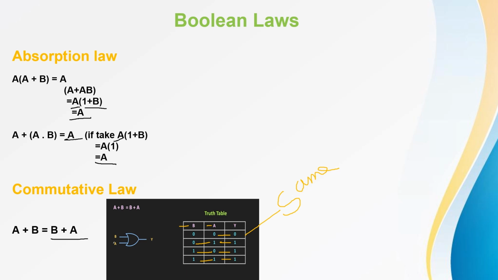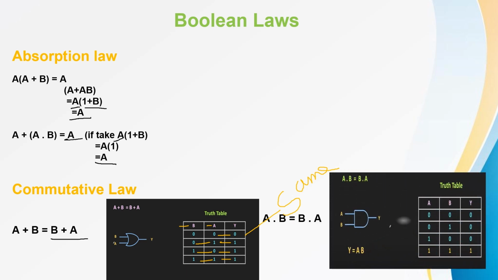Next law is A dot B equals B dot A. For the AND operation, the commutative law says the order in which the inputs are connected does not change the output. When we consider B into A, anything into 0 is always 0. When B is 1 and A is 0, the output is 0.